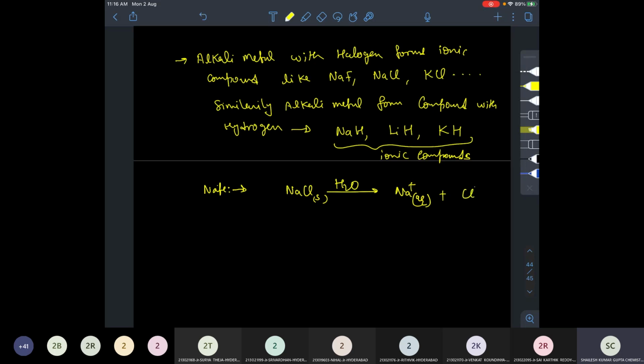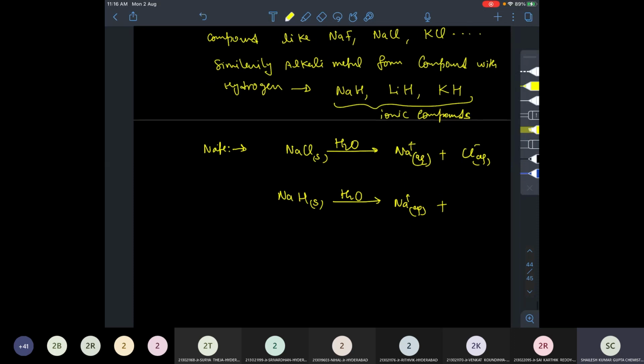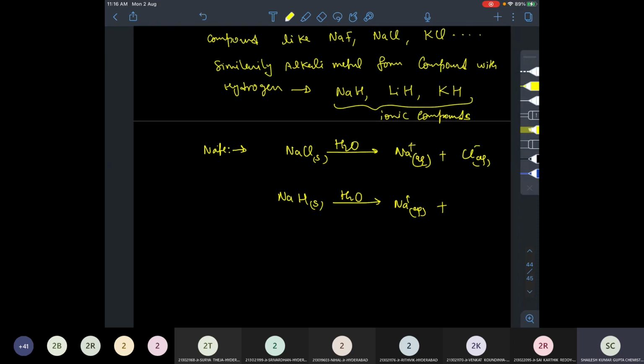Similarly, Cl minus aqueous. But you can't expect that for NaH or any ionic hydride in water. Obviously you will get Na plus aqueous, but H minus aqueous you will not get. H minus is so intense, my dear, that it will take hydrogen from water and you are going to get OH minus aqueous along with hydrogen gas. Very, very important. Please mark it.